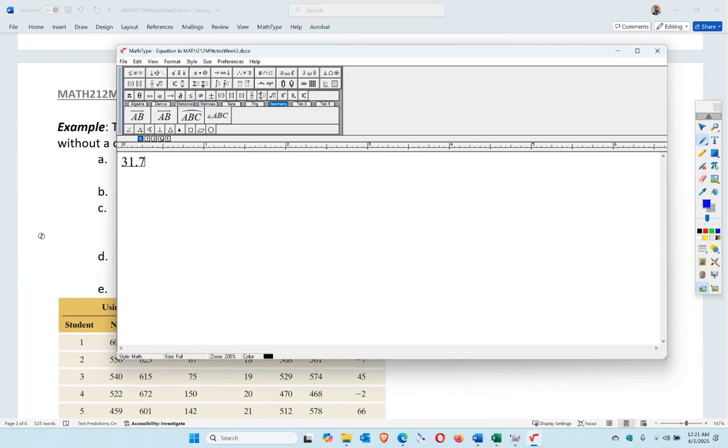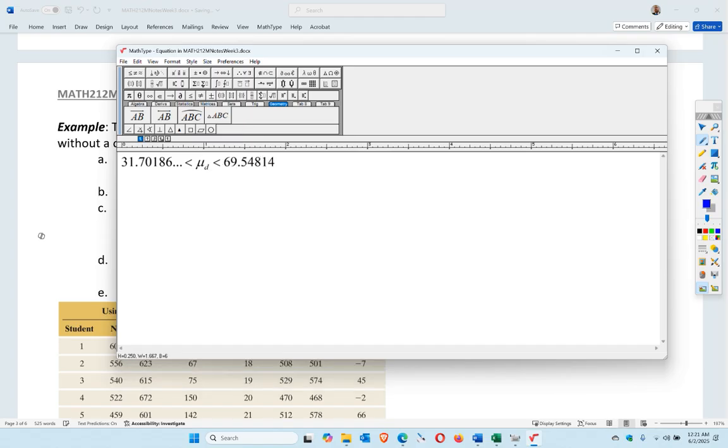No, it was just 70186, which is obviously less than the mean sub d. And then I got 69.54814. And this is milliseconds, right?